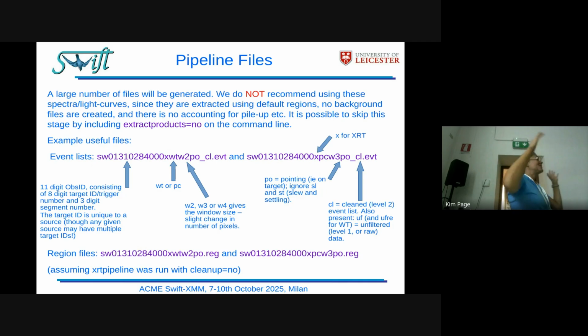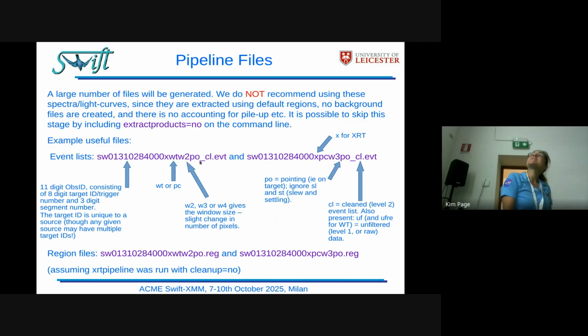But I think the smallest window we have is actually 500 pixels, maybe 480? Most of the time, the targets you want are going to be in the middle of the field of view anyway. You won't notice these extra pixels, more or less. And 1 pixel is 2.36 arcseconds. But my point in saying this is that there will be a W and then either 2, 3, or 4 for window timing mode, and the same W's, same numbers for PC mode. They just are referring to different sizes.